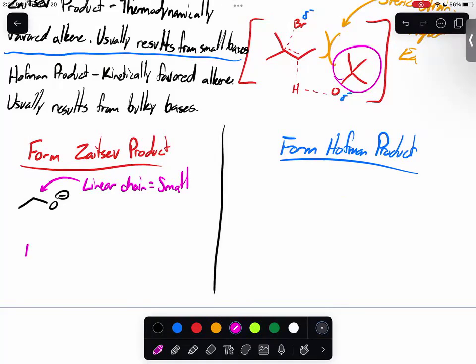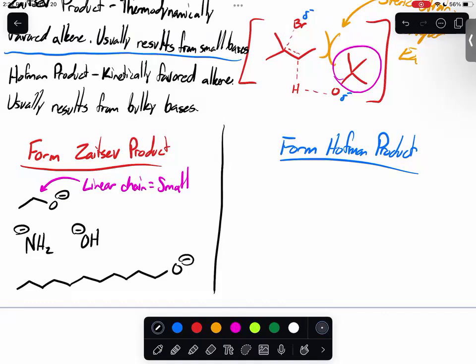Some other small bases that we can look at are going to be things like NH2 minus, right? That one's very small. Those hydrogens aren't going to do much. OH minus, and other linear chains, right? You can have something that is technically a very large molecule, like this one that has many, many carbons. It's still considered small though, because that chain is linear.